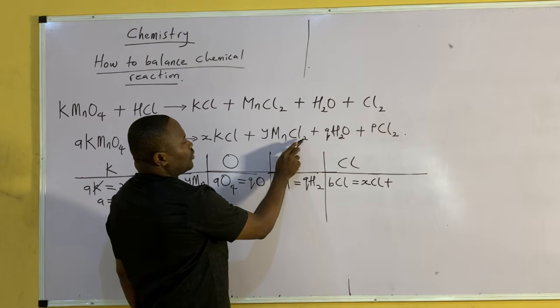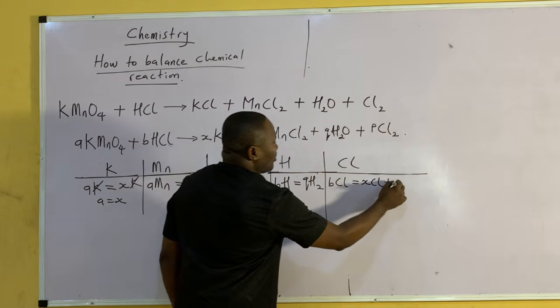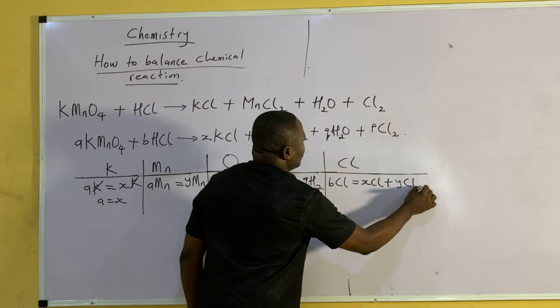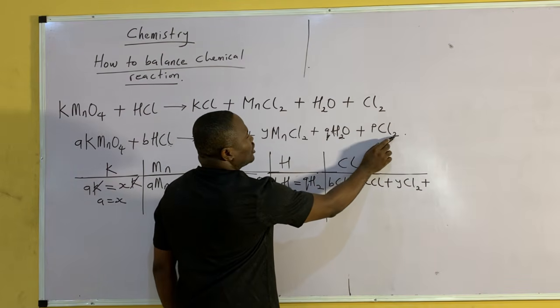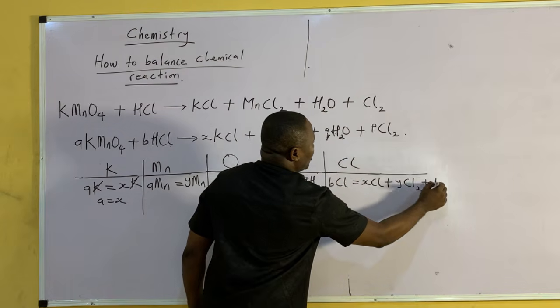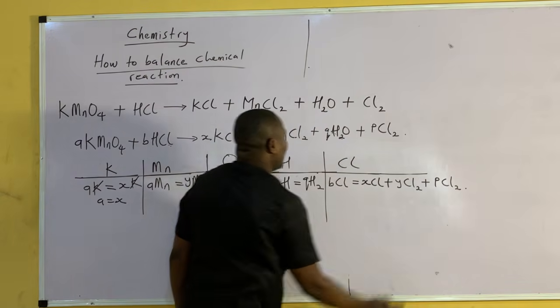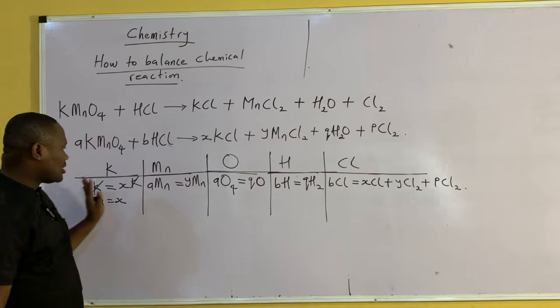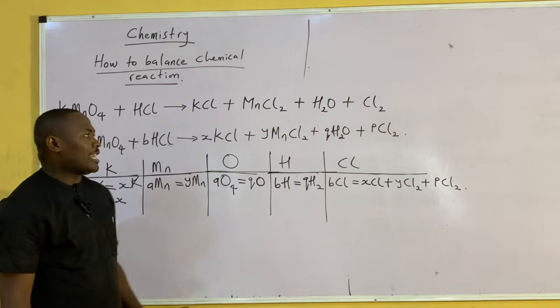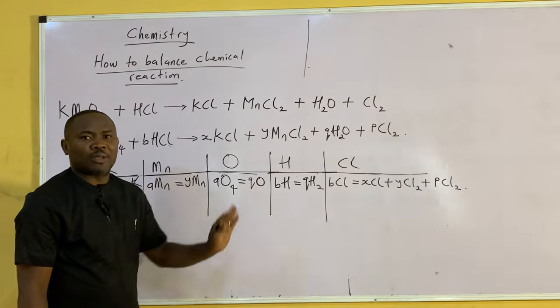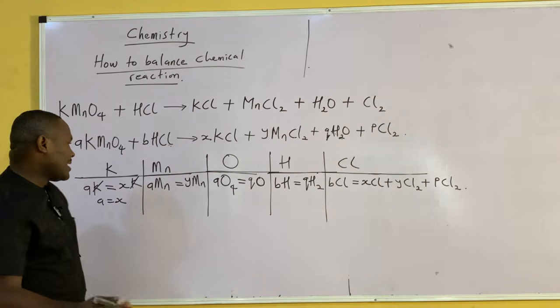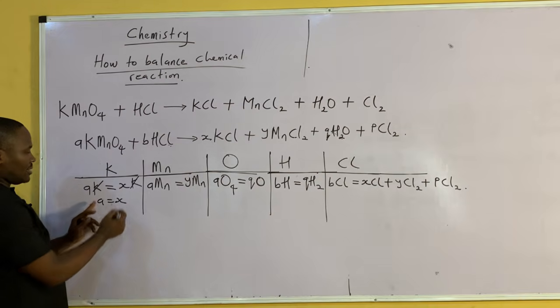Y is affecting chlorine, 2 is affecting chlorine, plus YCl2. Plus P is affecting chlorine, this 2 is affecting chlorine, plus PCl2. Now I have successfully brought out every element at my reactant side equal to that same element at my product side.